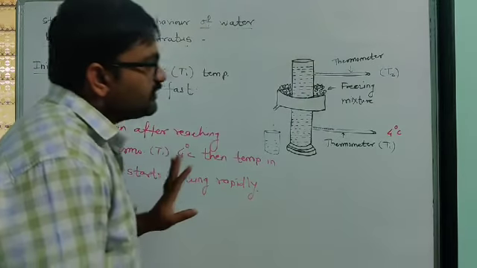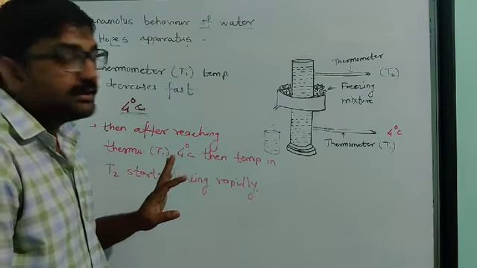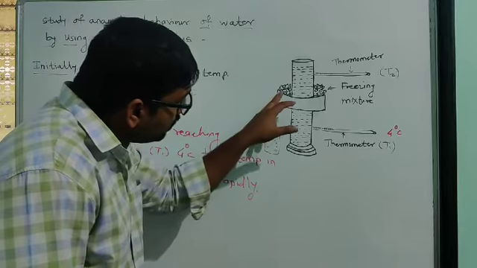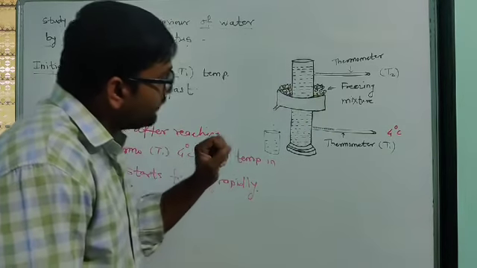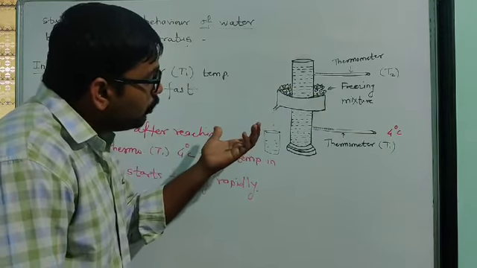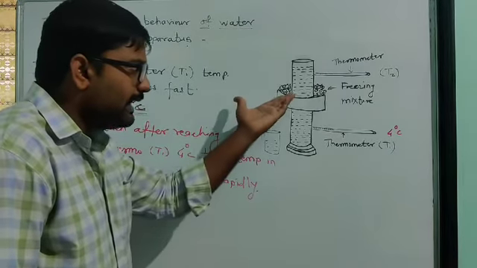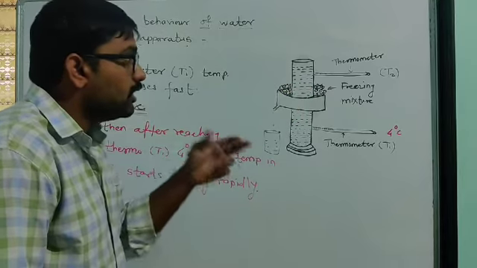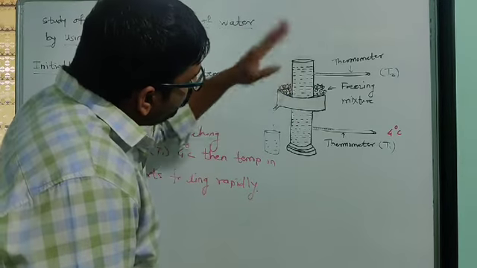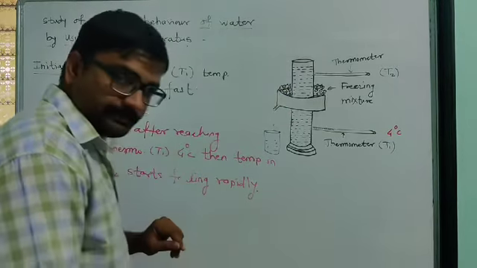As both reach 4 degrees Celsius, the water present here becomes colder compared to 4 degrees Celsius. It has a lower temperature because of the freezing mixture, so it will move towards the upward side.